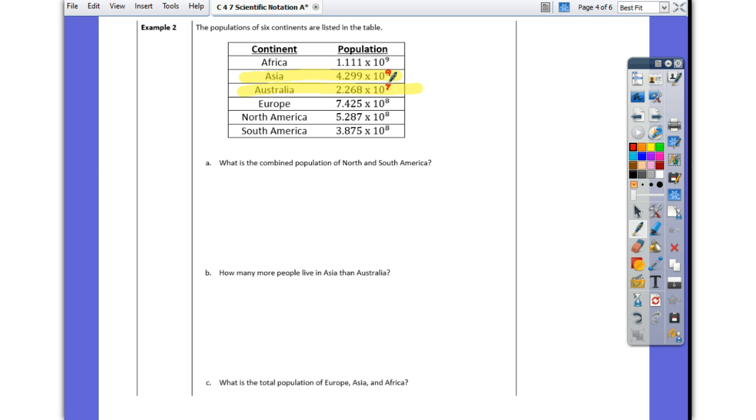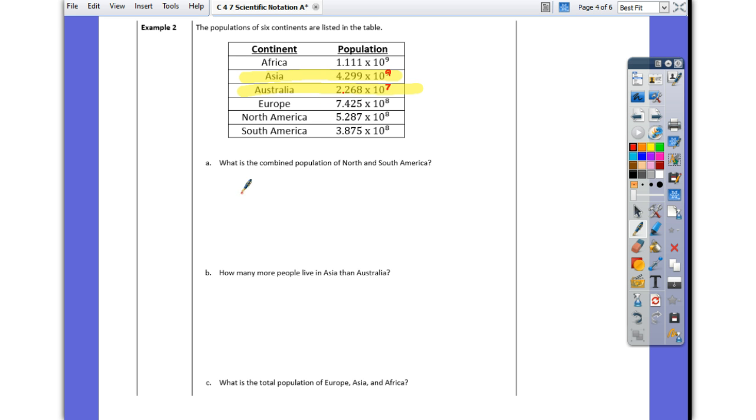And we decided on Friday, you could change the 9 to a 7, or you could change the 7 to the 9 and still get the same answer. But what was the easiest way we decided? Taking the smaller number and making it into the bigger number, because then you're more likely to have your final answer in scientific notation. So let's change this one to something in the 9th power. How do I do that?